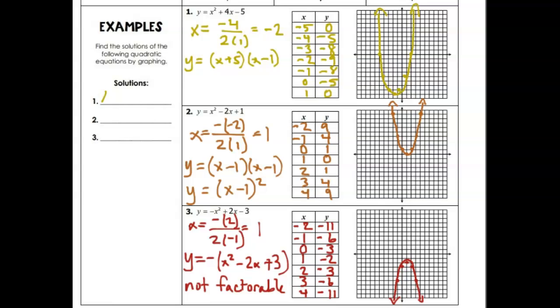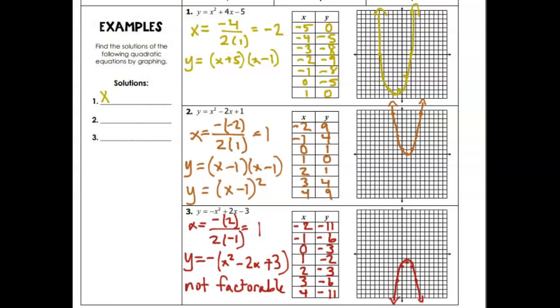There are other instances, for example, where it crosses at a location that is not a fraction or a whole number. It may be a decimal that goes on forever. Those are situations where they're not factorable. So just keep in mind, just because you can't factor something doesn't mean that it doesn't cross the x-axis or have a root. We'll talk a little bit more about that later.